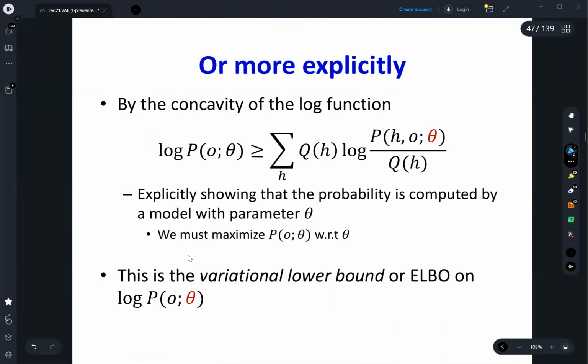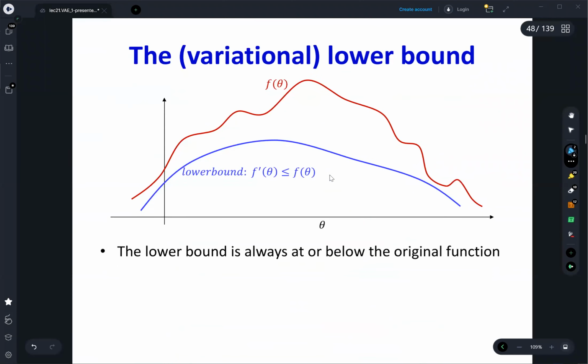And the term to the right is a lower bound on that, meaning at every value of theta, it's guaranteed not to exceed the red curve. So it's going to be a function of this kind. And if I choose my theta to raise this guy, I can generally expect that the corresponding f of theta over there rises too.